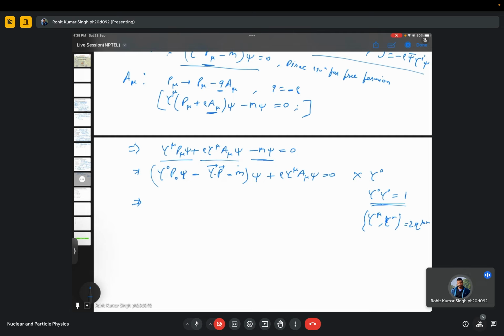So then here gamma 0 will give 1, and we are left with p0 psi minus gamma 0 gamma dot p psi minus m gamma 0 psi.